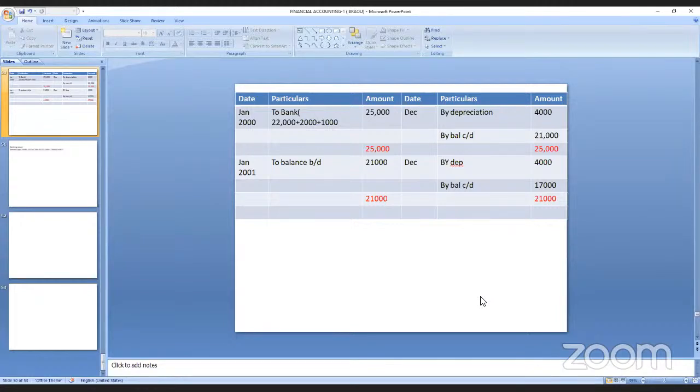Now see the page number, 11.6. Yes, Vasudha, very good. 5,000. See 11.6. Page number 256. Mine is 248.